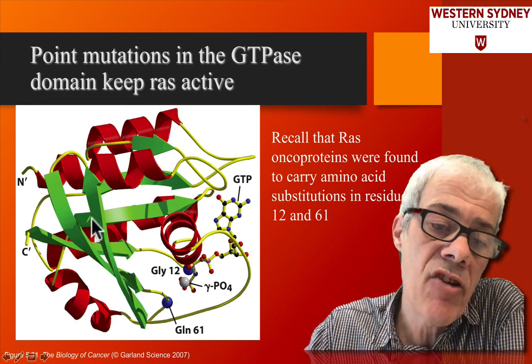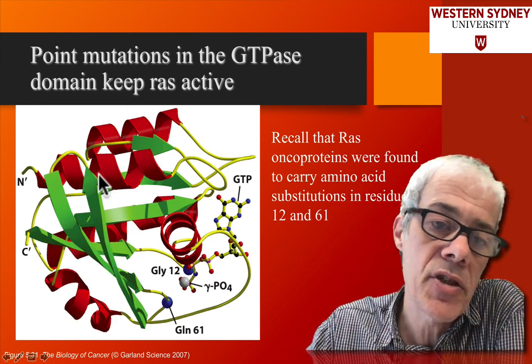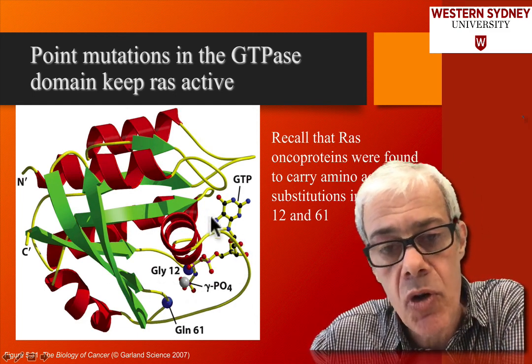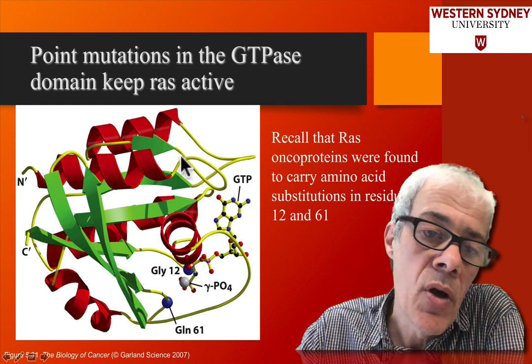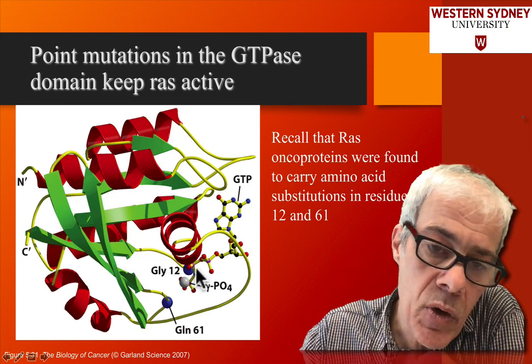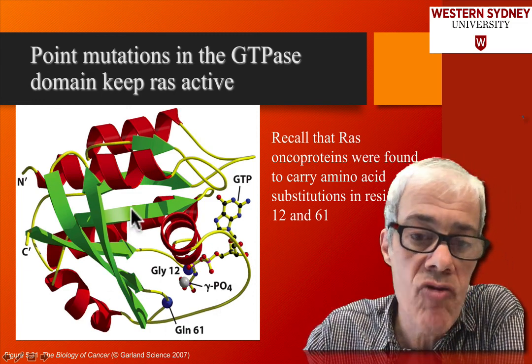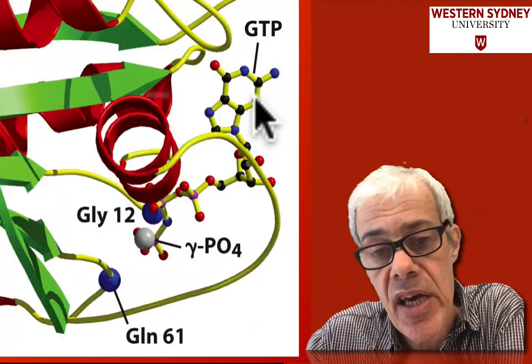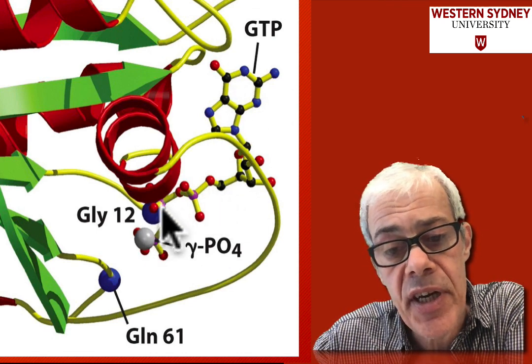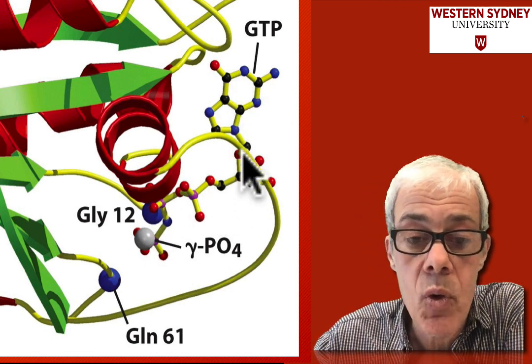So here's one of these ribbon diagrams that you should be familiar with, showing alpha helices and beta sheet regions and flexible loops within a protein. All of these red and green and loopy sections are part of the RAS protein. And what's shown here in a ball and stick diagram, distinct to the protein, is the GTP or the GDP.